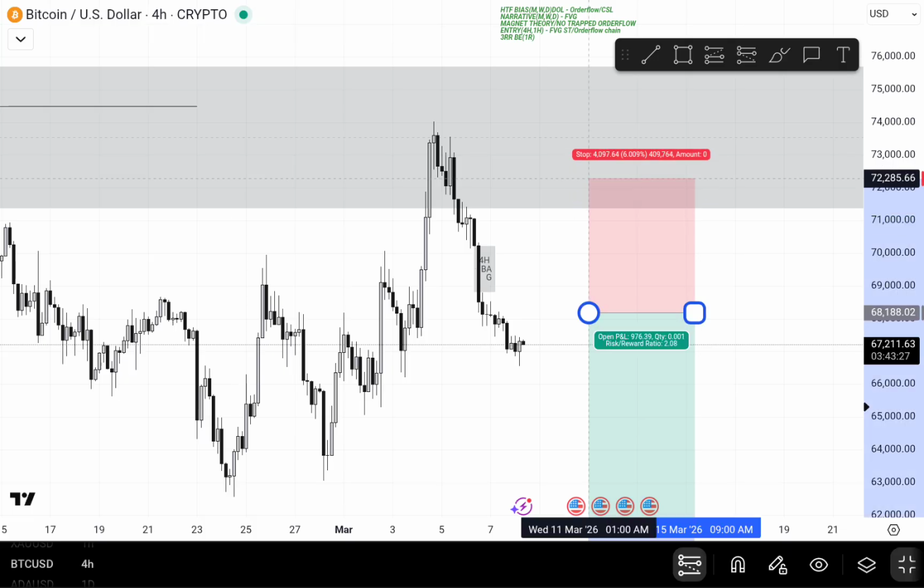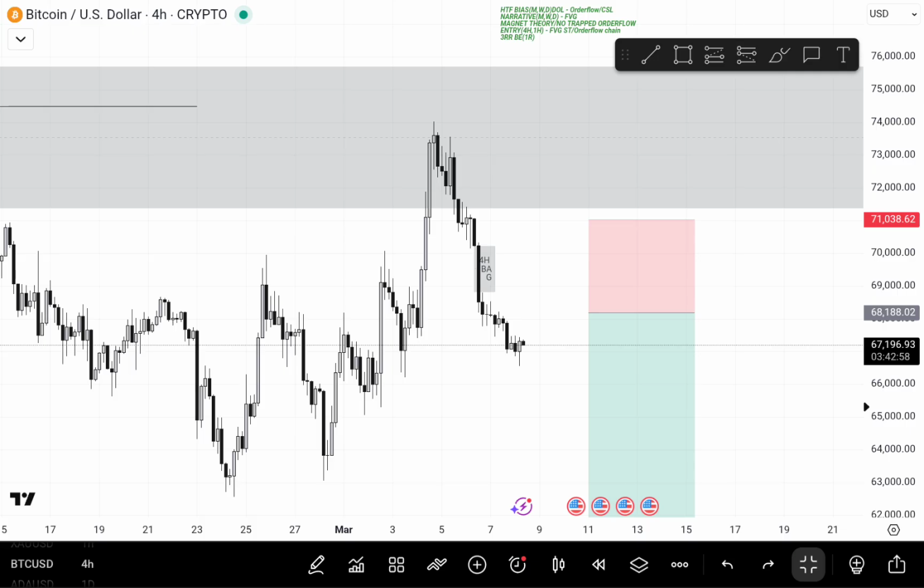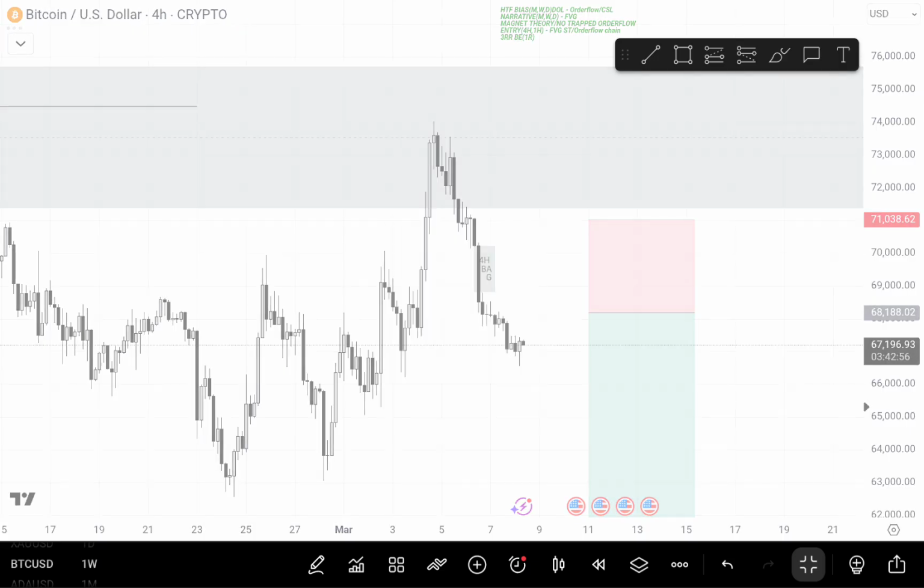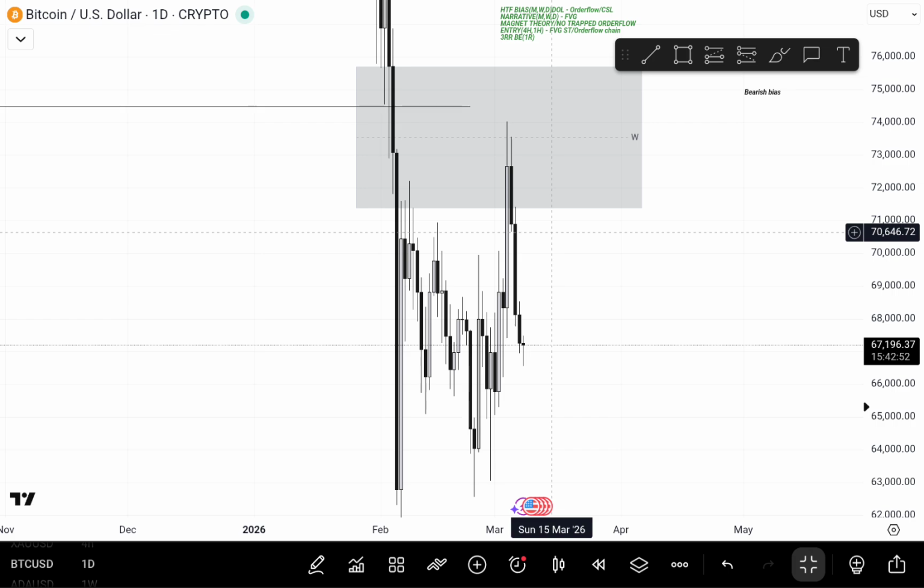Normally my stop loss is supposed to have been here, because this is the logical swing, this is where the swing high is. But putting my stop loss there is going to give me a very high stop loss, and then my target is going to be outrageous. So I simply put my stop loss at this particular candle, the candle that validated that daily opposing fair value gap.